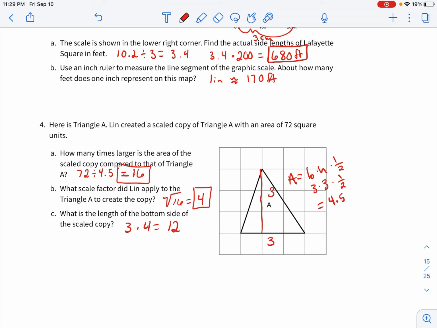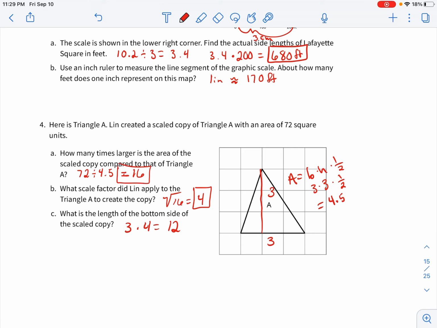Well, we need to find the area of this first, so we know that the base is 3 units, the height is 3 units. Area of a triangle is base times height divided by 2, or base times height times 1/2. My base is 3, my height is 3. That equals 9. 9 times 1/2, or half of 9, is 4.5.